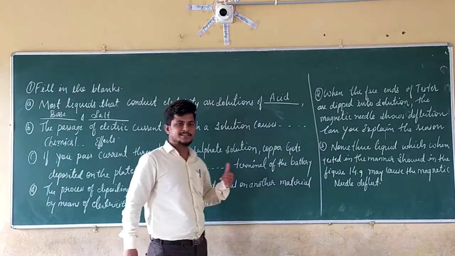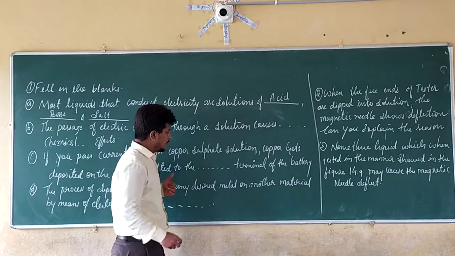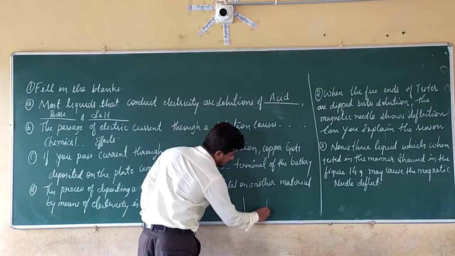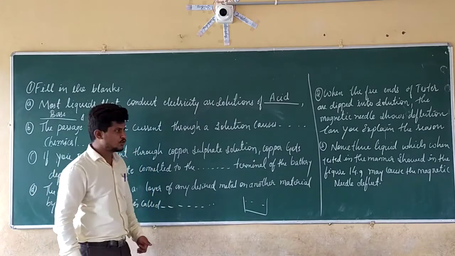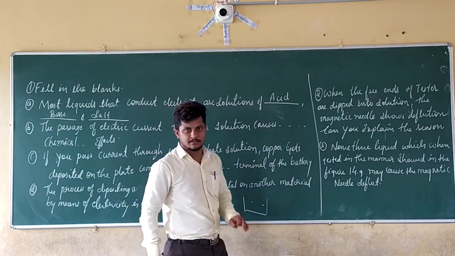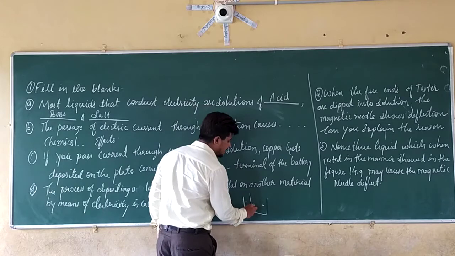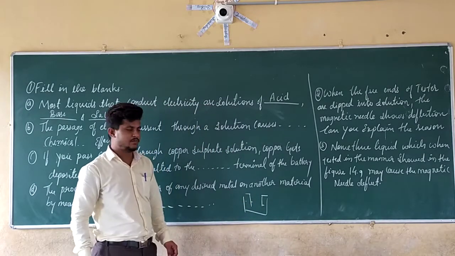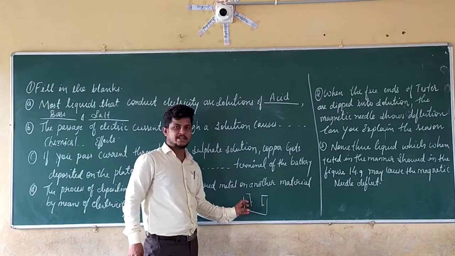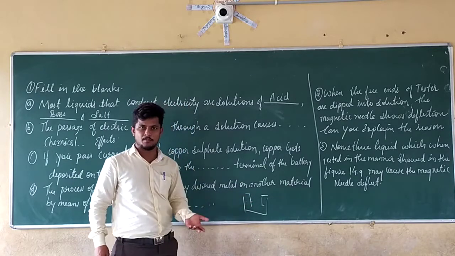If you remember, while discussing electroplating, we have taken a beaker. In that beaker, we have put the copper sulfate solution, that is CuSO4 solution. It is blue color. In that we have suspended electrodes which are made from copper only.